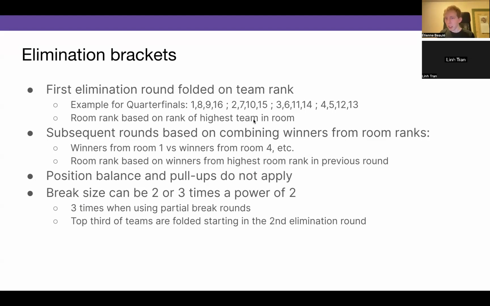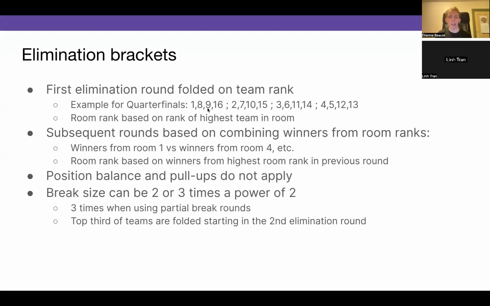However, maybe there's an upset, and 1 and 8 get eliminated from the room with rank 1. Now the rank of this room remains 1, and it will be counted as room 1 for the subsequent rounds. So let's say 9, 16, 2, 7, 3, 6, and 4, 5 win.